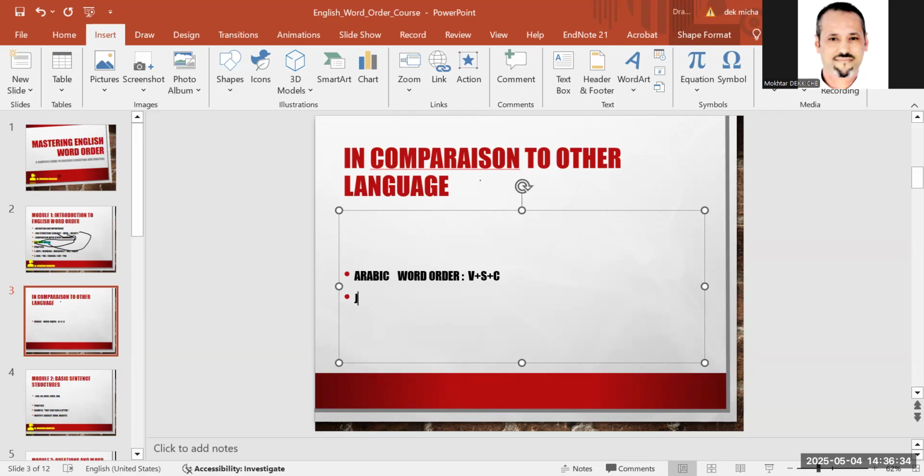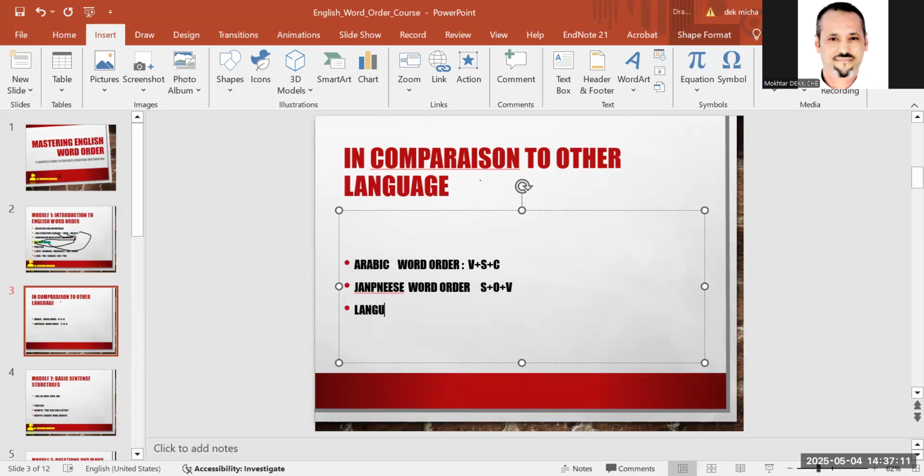However, in Japanese, the word order is, just follow, we have subject plus object plus verb.